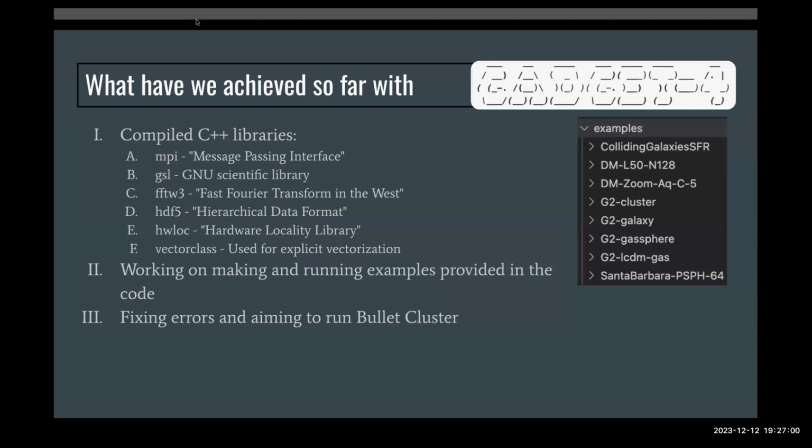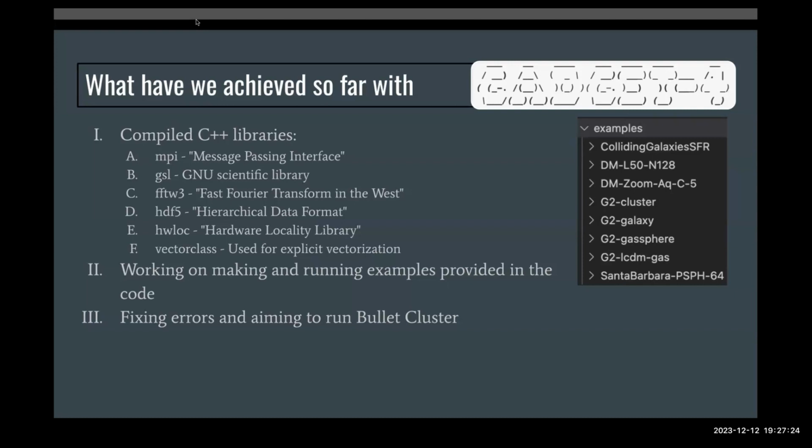The HDF3 library, or hierarchical data format, manages, processes, and stores the data from the simulation. The HWLock, or hardware locality library, lets the code know exactly where important hardware or computing elements are in the device that it's being run in, such as the CPU, memory, and input-output devices, etc.